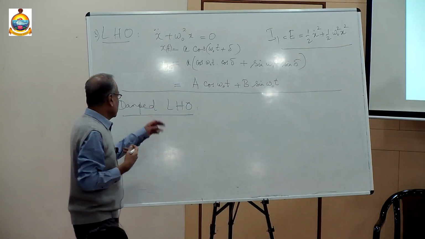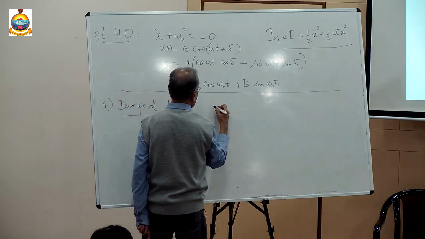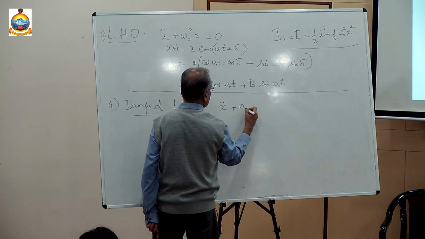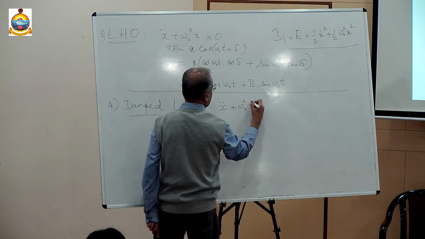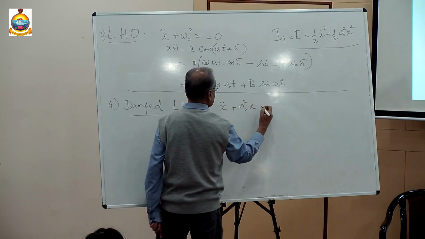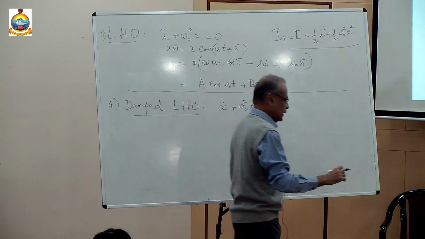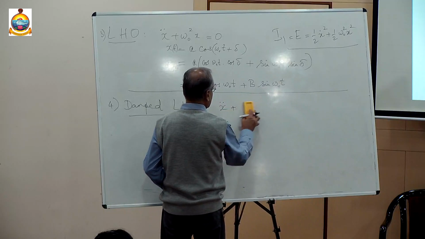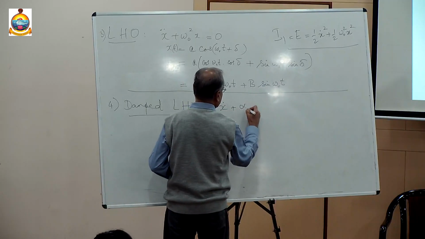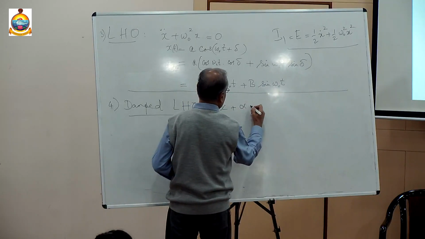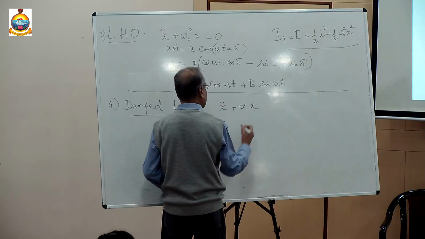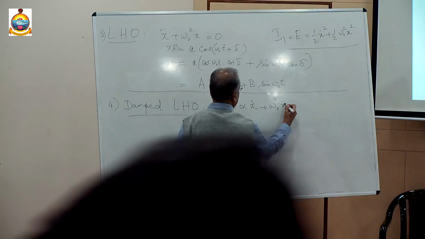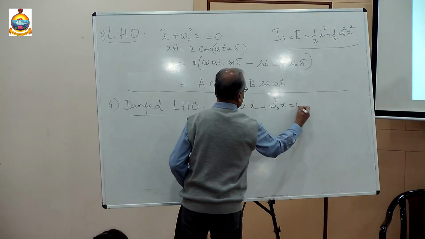Now, this equation is m x double dot plus alpha prime x dot plus k x equal to 0, so I divide by m throughout. More conveniently, I write this as x double dot plus alpha x dot plus omega naught square x equal to 0, where alpha prime divided by m I call alpha, the damping constant, and k by m is omega naught square.